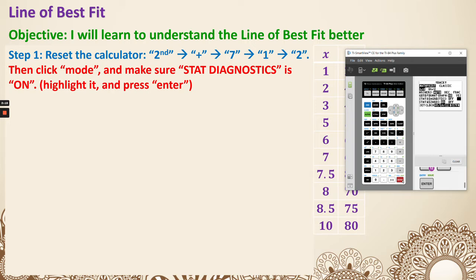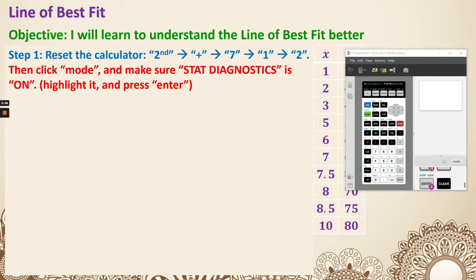Then I press enter. Now you can see it's not off anymore, on is highlighted. That means I have turned on the diagnostics. What this does is allow you to get more information about your data set, which is what we are going to need today. Now I can click clear to get out of that.